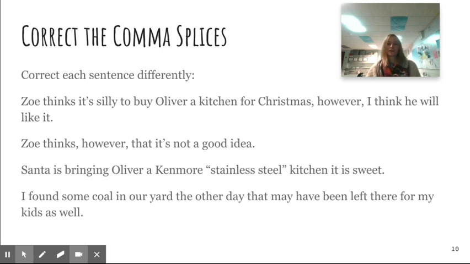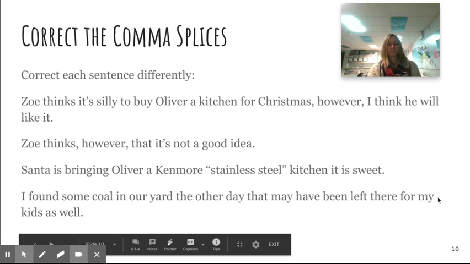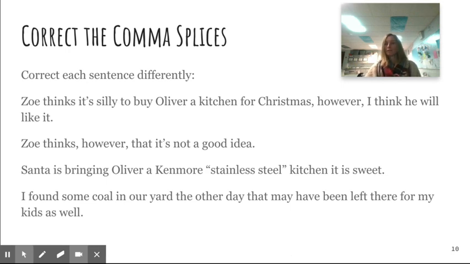I found some coal in our yard the other day that may have been left there for my kids as well. That's not a very good example. I'll just be honest with you right there. No, the more I say it, the more I'm like, you could put a period, or it might actually just work the way it is because this is a clause here, that may have been left there. Okay. So, bad example, but we have other examples here.